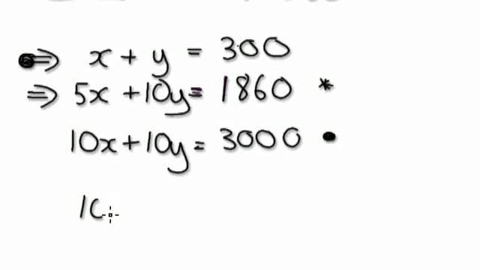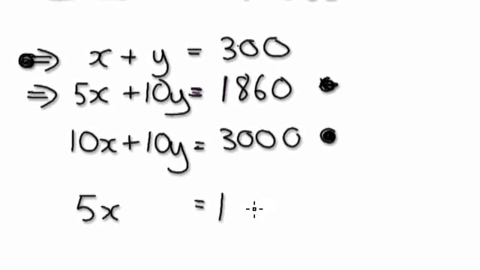We are getting this take away this, so this will give us 5x. Now it's this take away this, which would give us nothing. They will kill off each other.